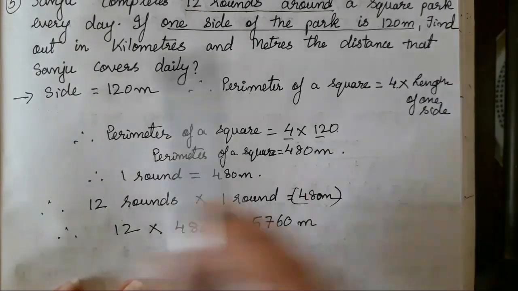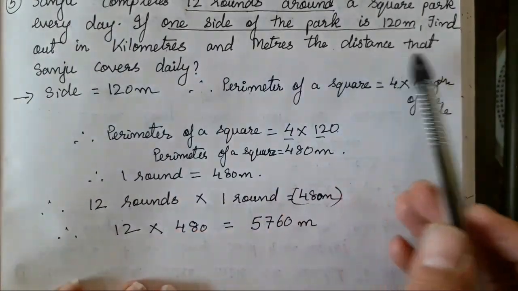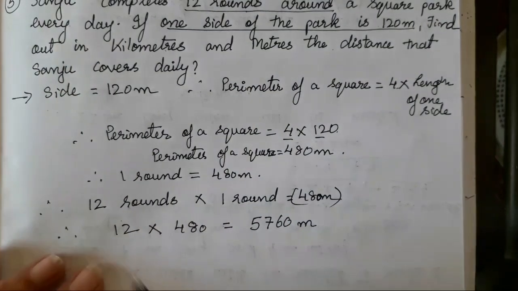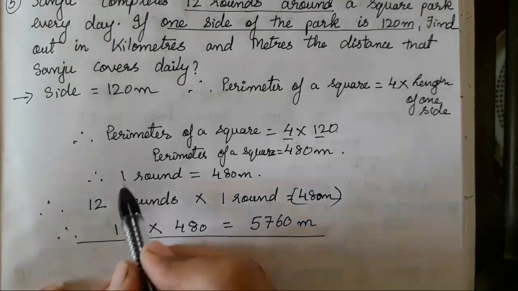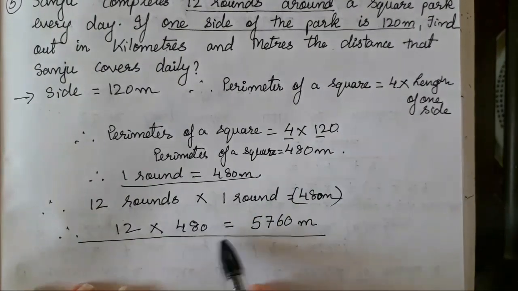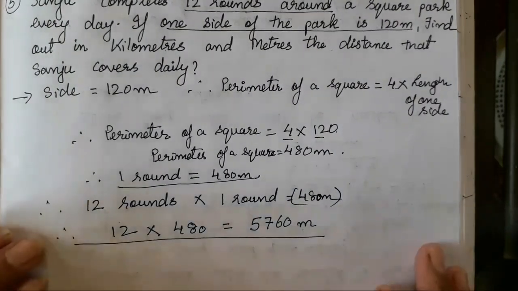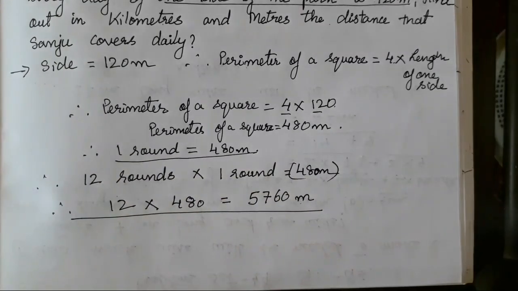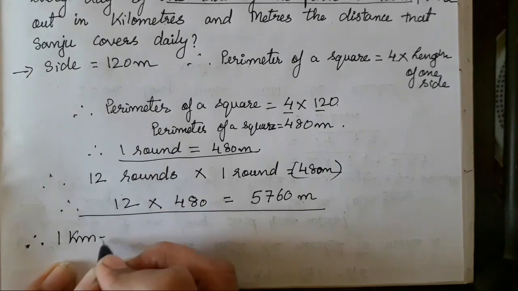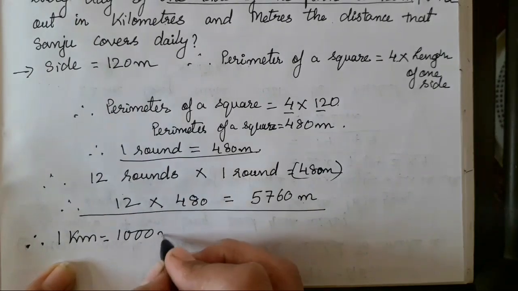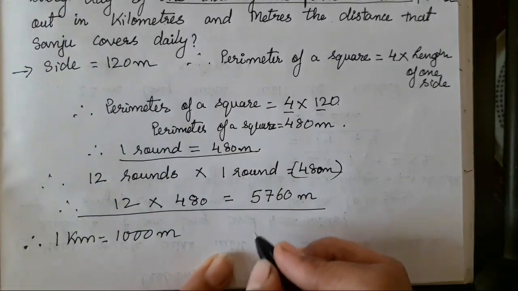Now still the answer is in meters. They had asked us find out in kilometers and meters the distance that Sanju covered. So we have found the distance of 12 rounds now. First round we have found, 12 rounds also we have found. Now what we have to find? Answer in kilometers. So therefore 1 kilometer is equal to 1000 meters, as I had showed you in the previous sum also.